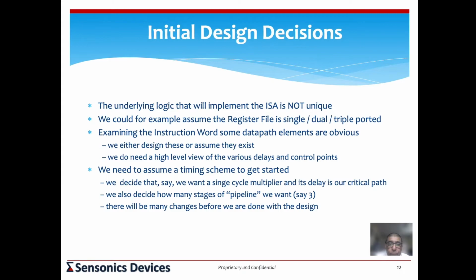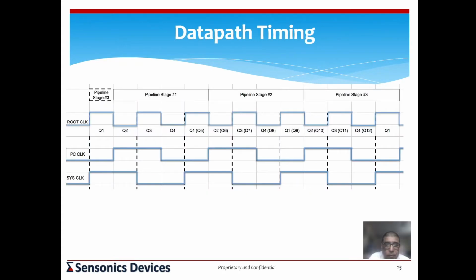And so to generate the timing signals, again, to improve your design productivity, you could use some kind of a generalized timing scheme to produce that. So this is the timing scheme we adopt for our design.